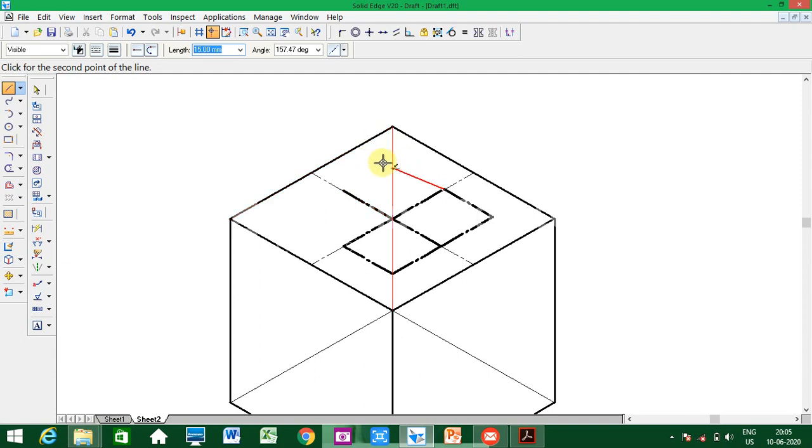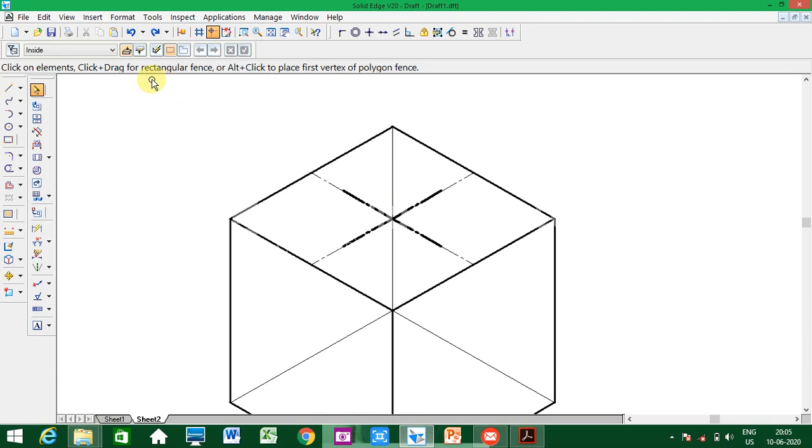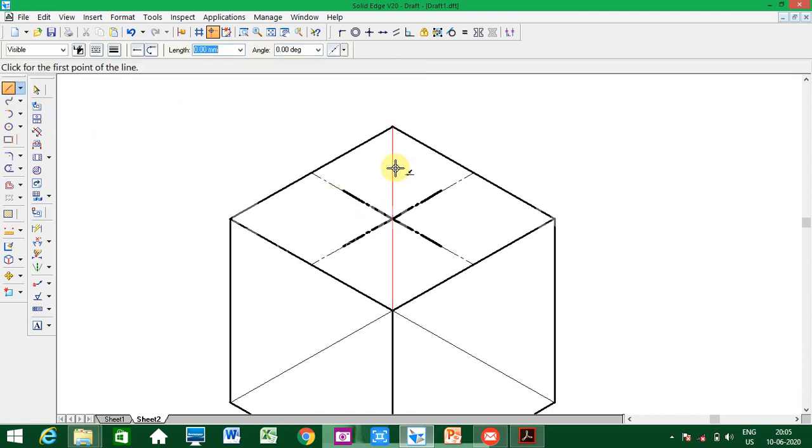Sorry, my cursor is not working properly. Wait. I'll draw in this way.